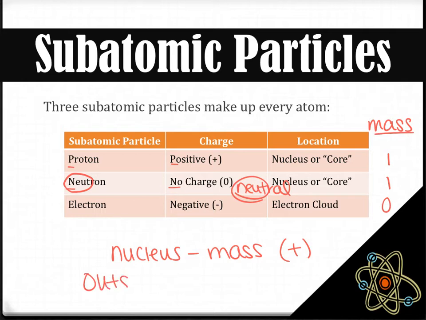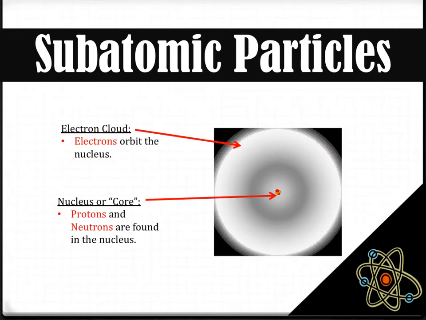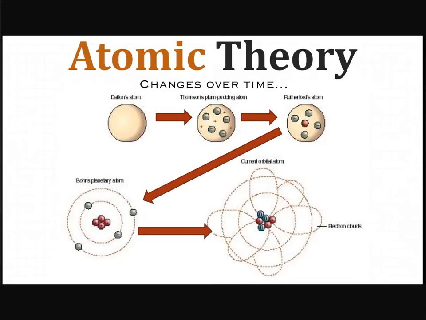Outside the nucleus, in that electron cloud, we will have a negative charge because there's only the electrons out there. All right, so here's again a nice little visual for you. Outside, again, those electrons orbiting around the nucleus, constantly in motion. Within the nucleus, we have those protons and neutrons.